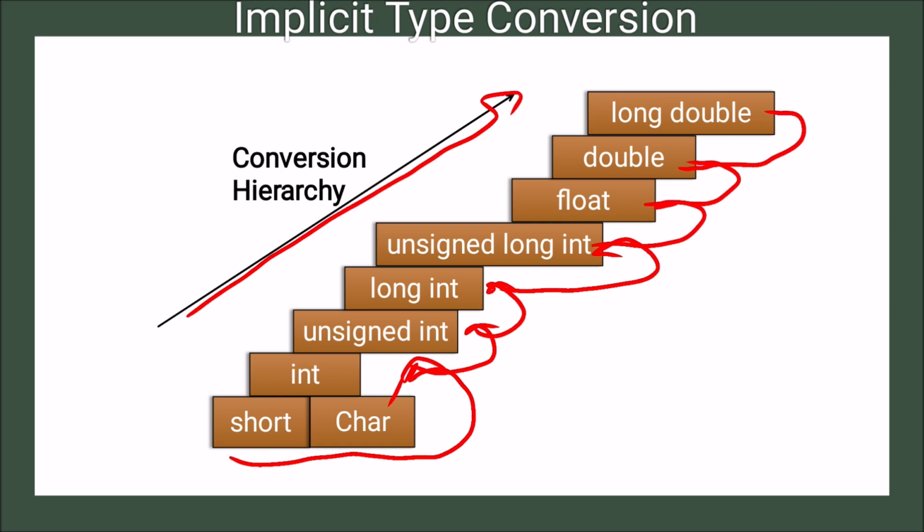These are what we call lower to upper level type conversion: short and character are converted into integer, again integer is converted into unsigned integer, unsigned integer is converted into long integer and so on. So this is implicit type conversion.